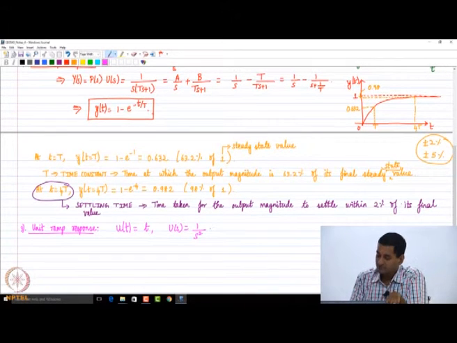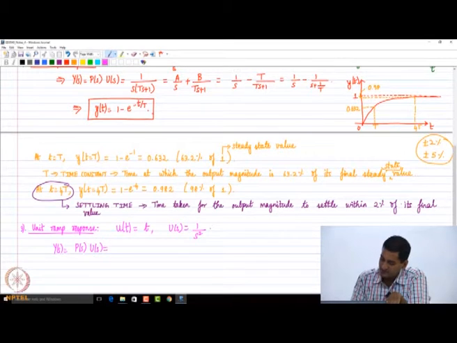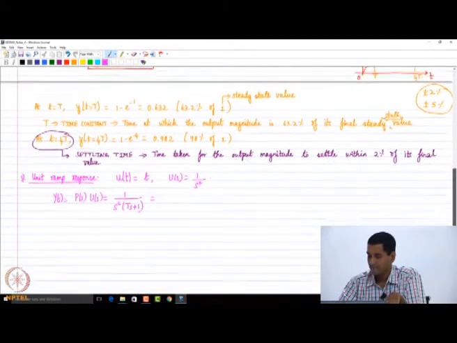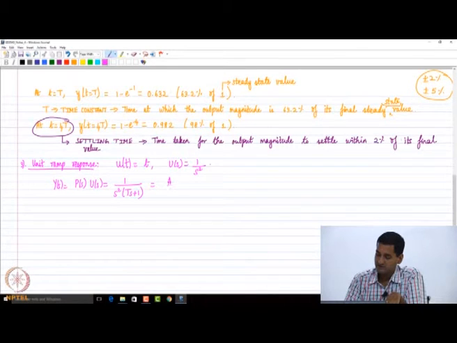So unit ramp response means u of t is t, U of s is 1 over s squared. So Y of s is going to be equal to P of s times U of s. That's going to be 1 divided by s squared times (Ts plus 1). So what is the partial fraction expansion of such a factor? A divided by s plus B divided by s squared plus C divided by (Ts plus 1).